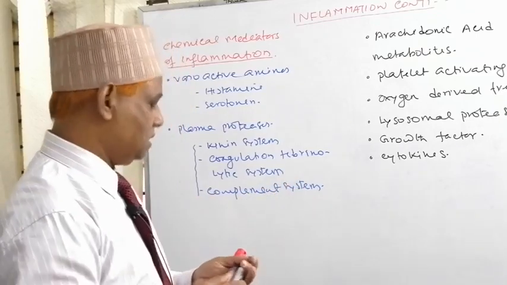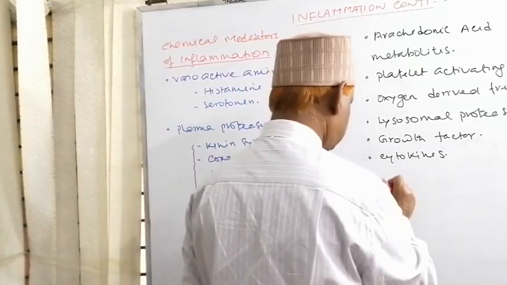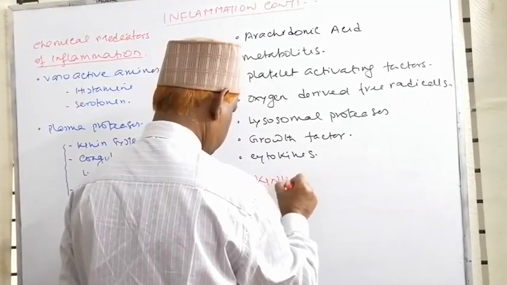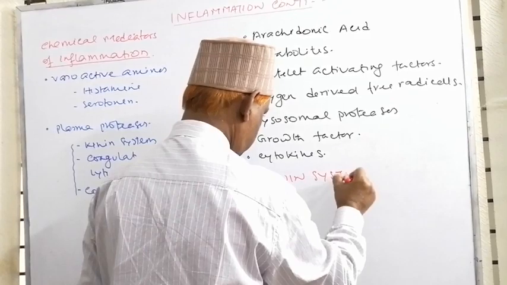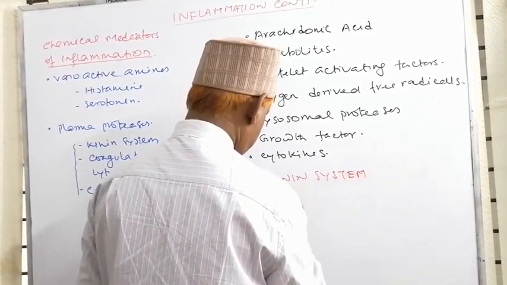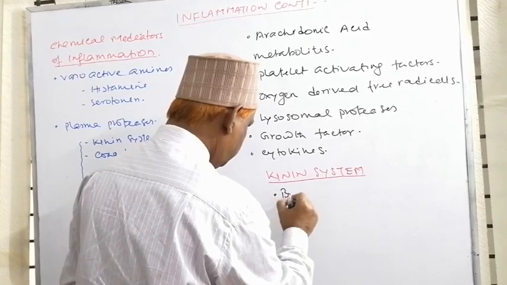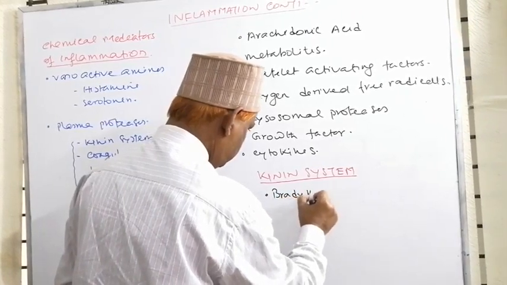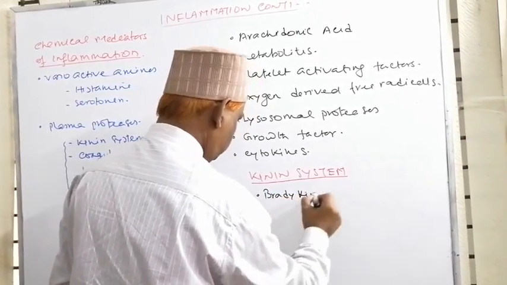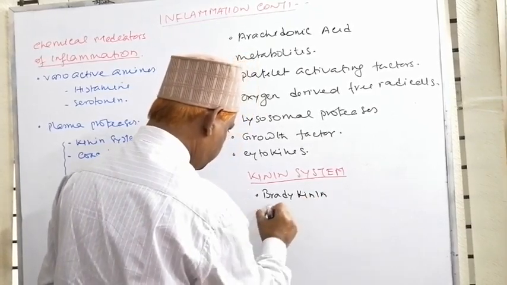First, now come to Kinin system. This system includes bradykinin and kallikrein.